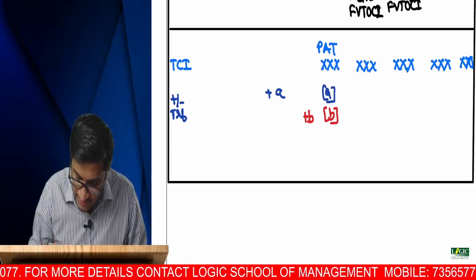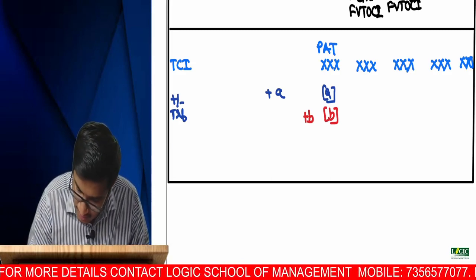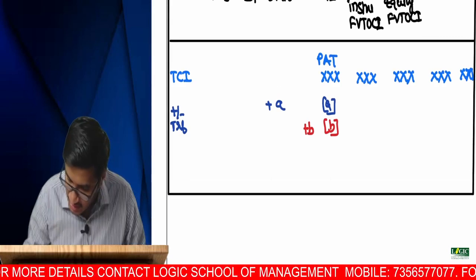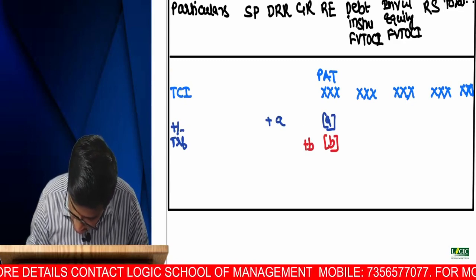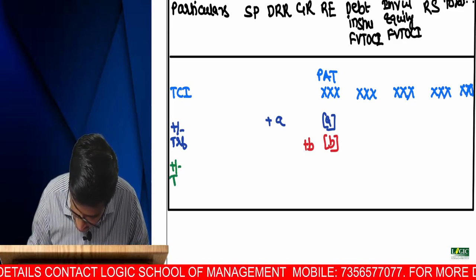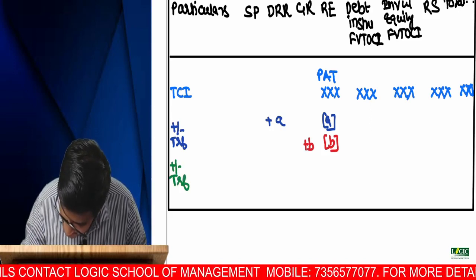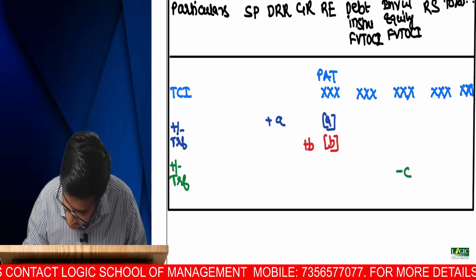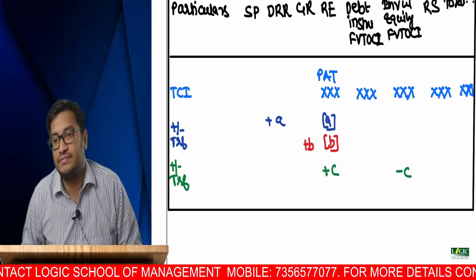If it is a non reclassifiable item, then equity transfers need to be separately done. Maybe information C will be reduced from here, and in retained earnings, information C will be added.